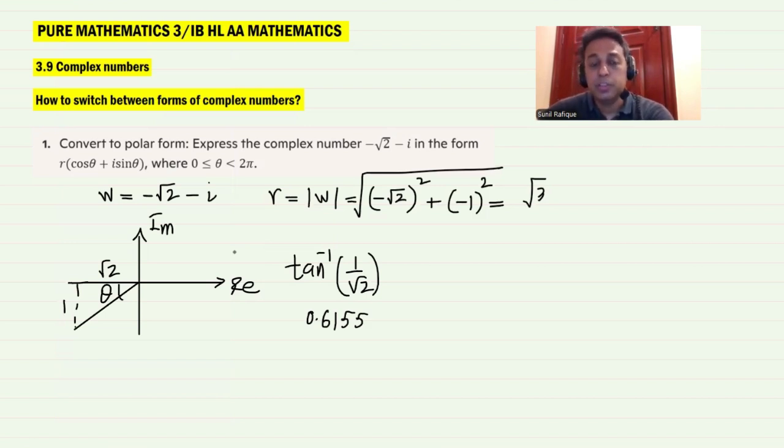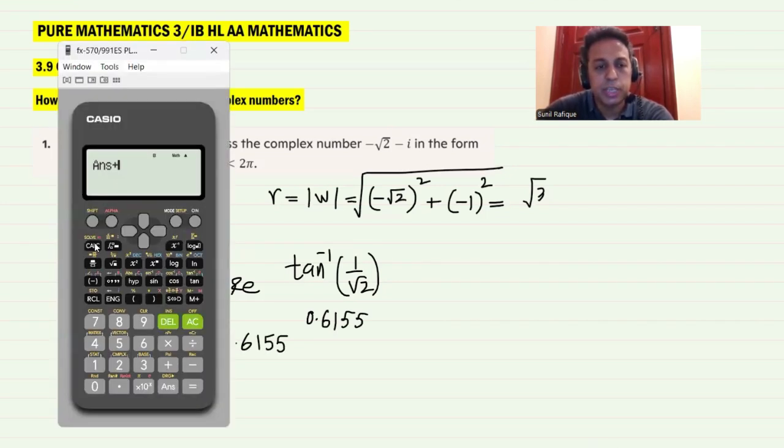Since it's not the first quadrant, and my domain says it's 0 to 2 pi, I can only go with the positive value for the argument. So I'm going anti-clockwise. It's going to be pi plus 0.6155. So take your calculator value and just add pi to it, right? It's going to be 3.757.